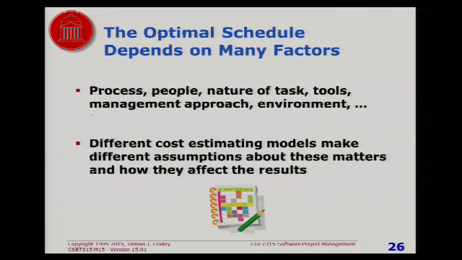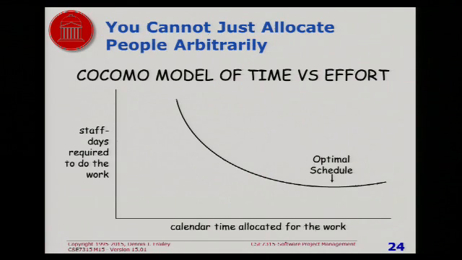Now, one advantage you have here is that when you're near the optimal schedule, you can go a little ahead or a little below without dramatically changing the amount of work you have to do. It's when you try to make it dramatically different. In other words, let's say this is 8 months, and you think it'll take 8 months to do the job, and the boss wants it in 6 months.